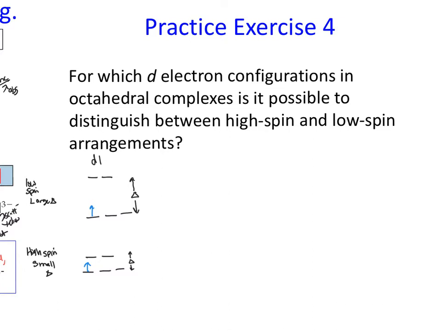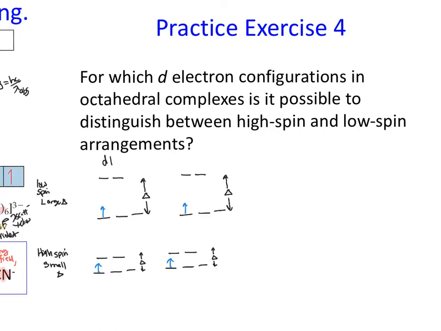Now let's look at D2. With a D2 complex, that means I have 2 electrons. So the first 2 go down low. And again, I cannot distinguish between low or high spin.